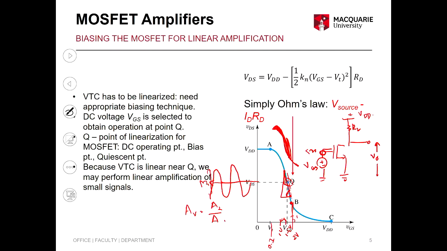But what's the problem if you increase the bias voltage? You have higher gain. That's not a problem. What is the drawback? When you increase your VGS, you increase your ID, right? So that drop increases, that's good. That's why you have the higher gain.